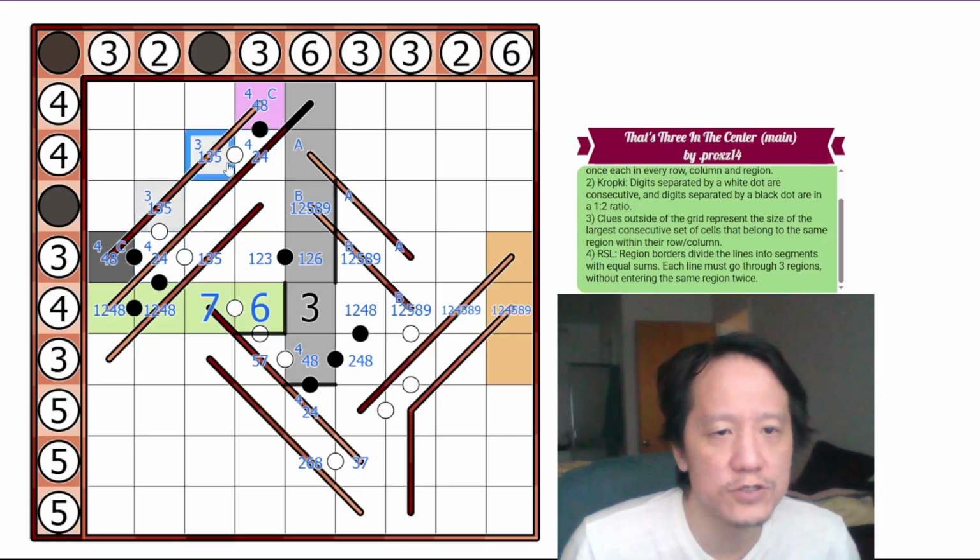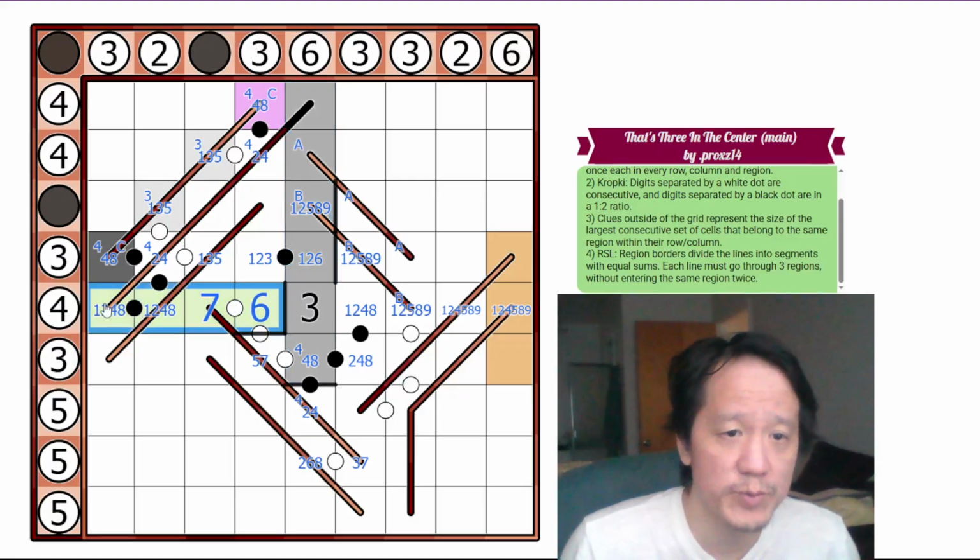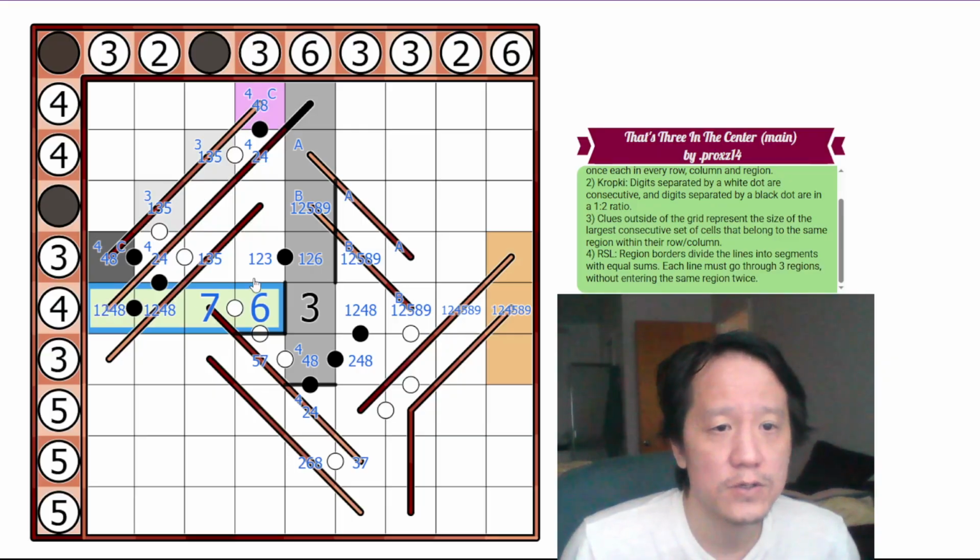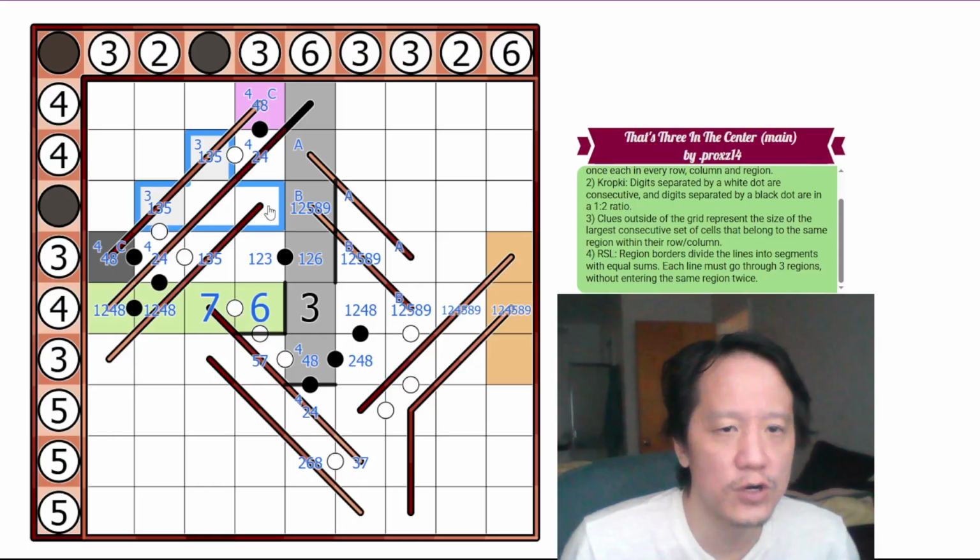Well, we have 1 and 2. It cannot be part of this 5 region. It could be part of this green region, so that's possible. But it cannot be part of the same as this medium gray region, right? So that's 1, 2, 3, 4, 5, 6, 7, 8, 9, 10 cells in that region if that were to combine. So light is not the same as medium.